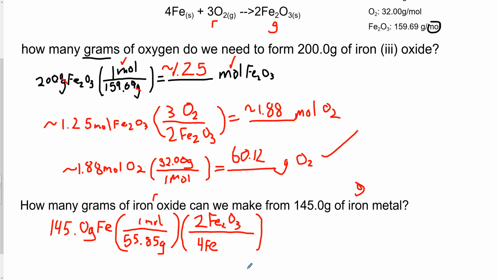And now the next move, I need to turn my moles of Fe2O3 into grams. So now I'm going to use the molar mass. So it's going to be 159.69 grams per mole.